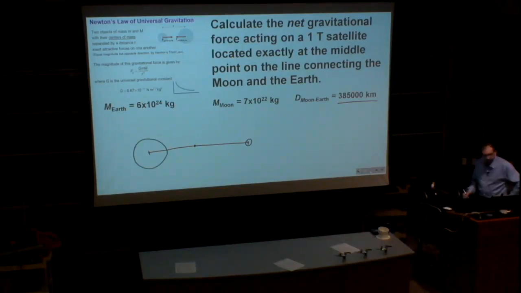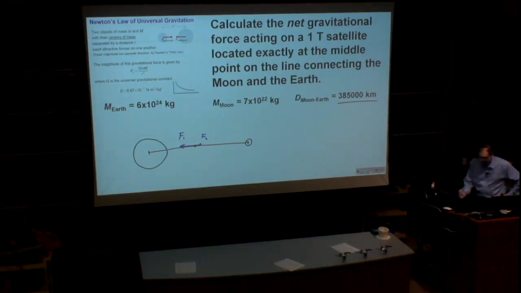So, how many forces act on the satellite? Two. The Earth attracts it back to it. This is force number 1. And the Moon pulls it the other way.